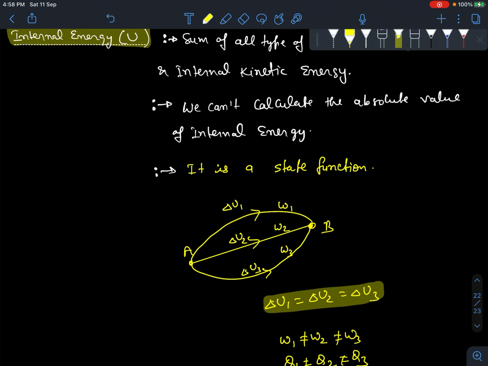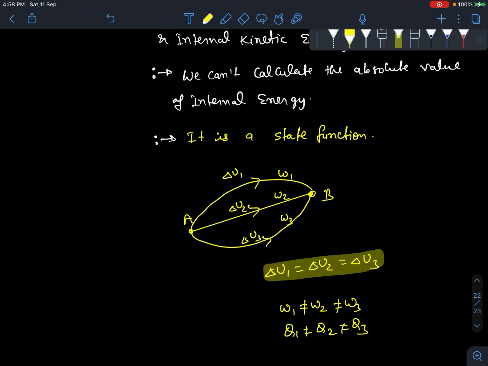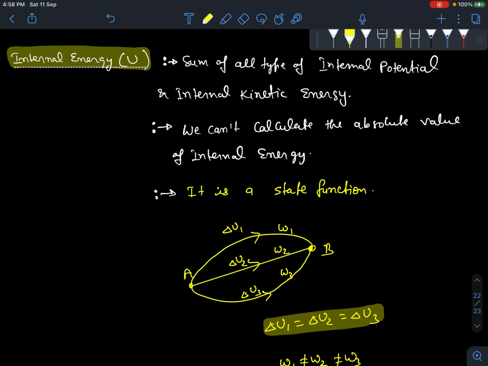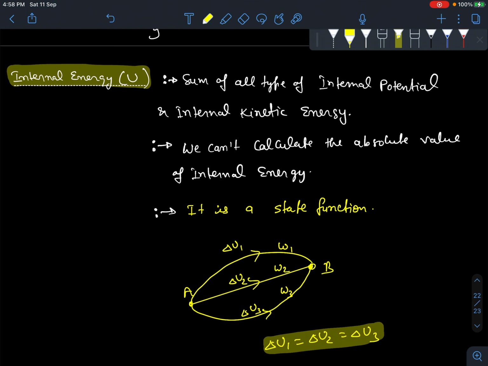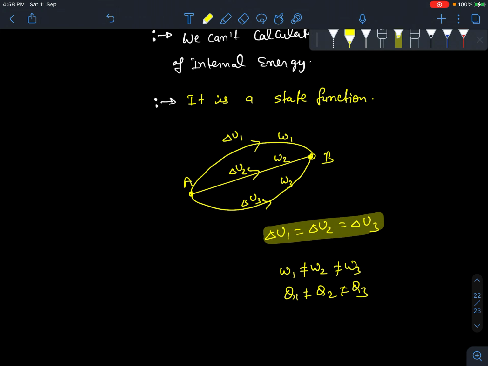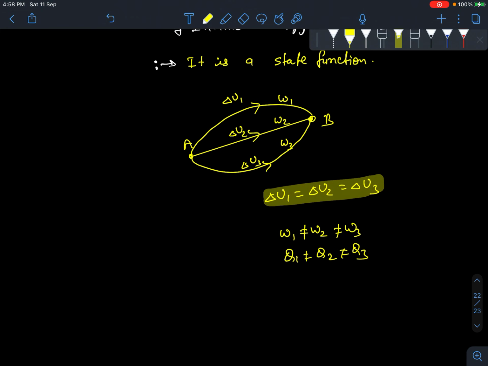We are going to use this specific property in a very nice way, right? So internal energy is the sum of all internal potential energy and internal kinetic energy, and we cannot calculate the absolute value.